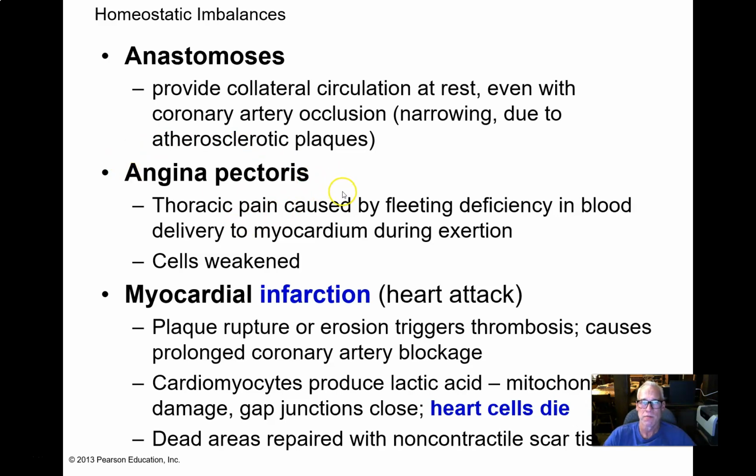It's an injury to some of the tissue of the heart because of ischemia, because of some narrowing of coronary arteries.